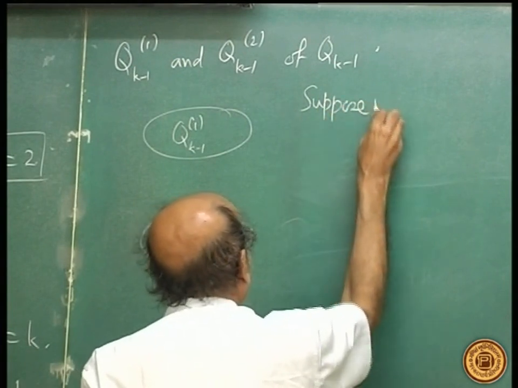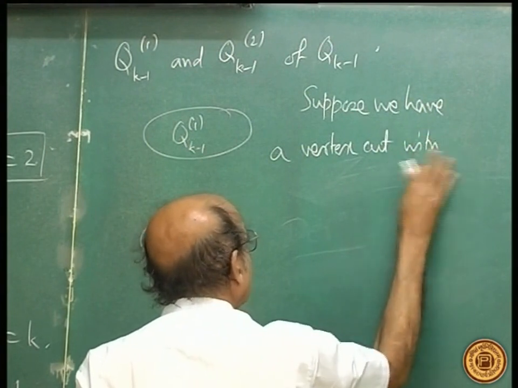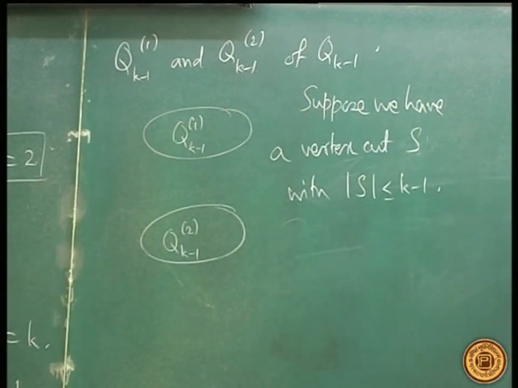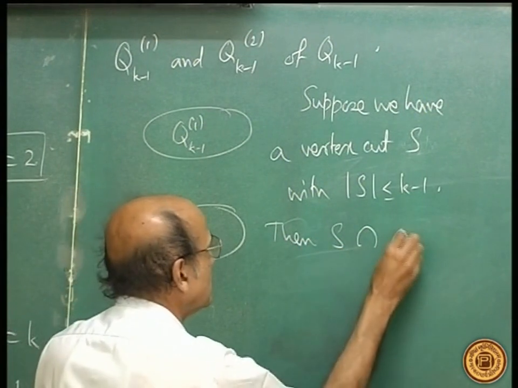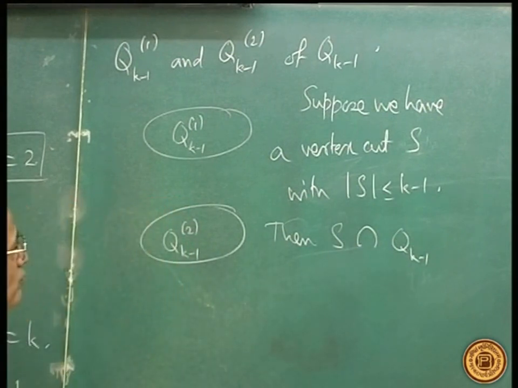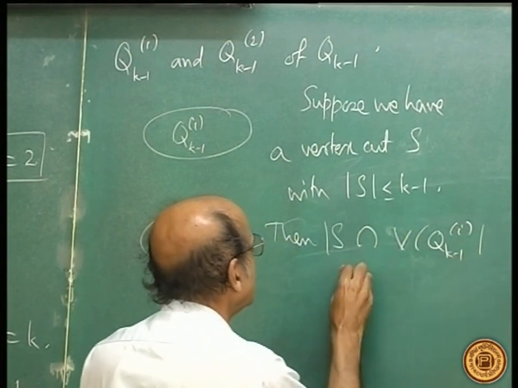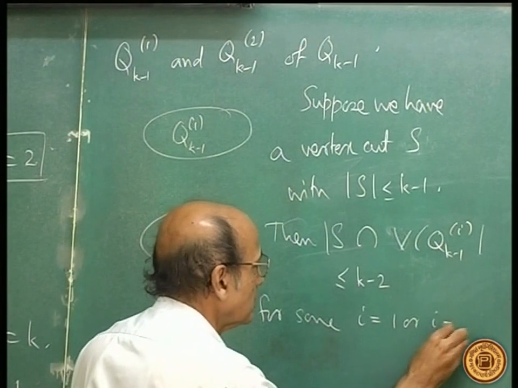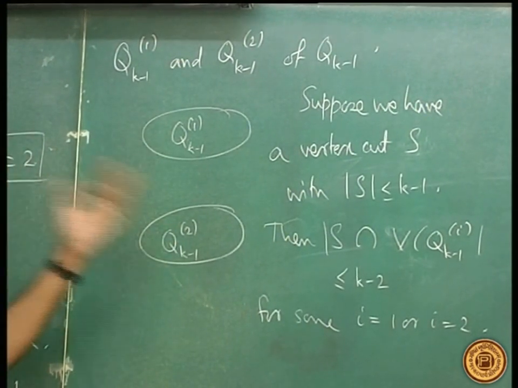Suppose we have a vertex cut S with at most k minus 1 vertices. Then the vertex set of it cannot pick up k minus 1 vertices from here and also k minus 1 vertices from here, because the total is at most k minus 1.